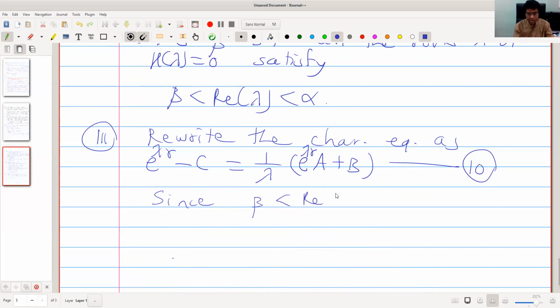Since beta is less than real part of lambda is less than alpha, mod of e raised to lambda r, equal to e raised to real part of lambda into r, is bounded.